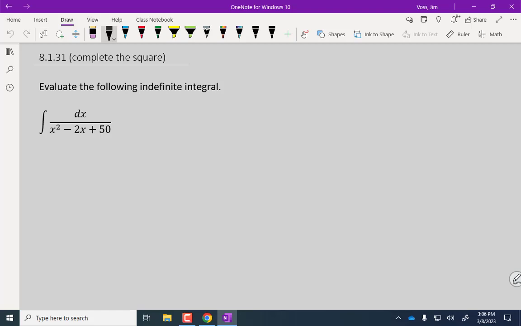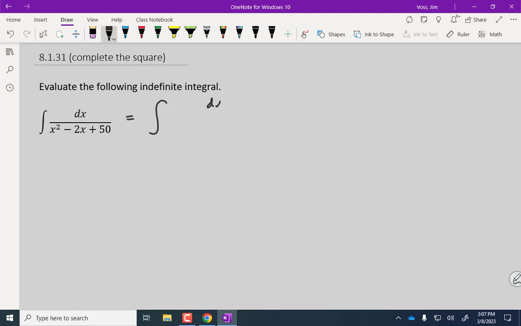If the denominator is factorable, it's going to be a lot faster to do a PFD than to complete the square and do a trig sub or inverse trig or whatever. So if you can factor the denominator, going PFD is the move. But if you have a quadratic in the denominator that's not factorable, that's when we complete the square. So the answer to my original question, why would we complete the square? Because it's not factorable. If it's factorable, we want to go partial fraction decomposition.